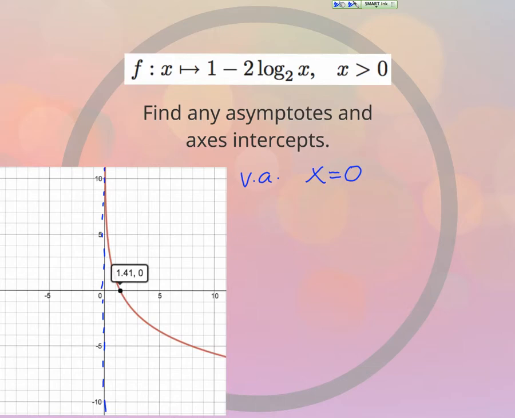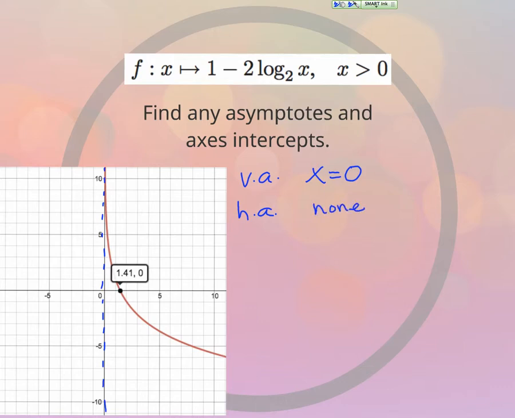Remember then, horizontal asymptotes are just y equals. So we're not going to have any of those for the logarithmic ones. Which brings us to that next point. If our range is all real numbers, then there cannot be any asymptote. So my horizontal asymptote, I don't have one.